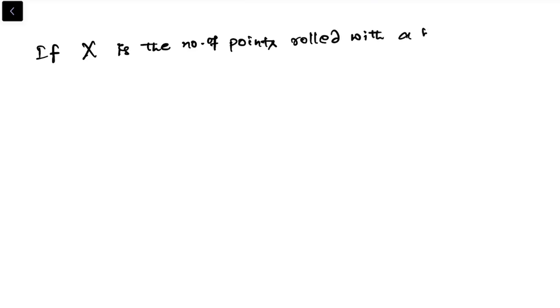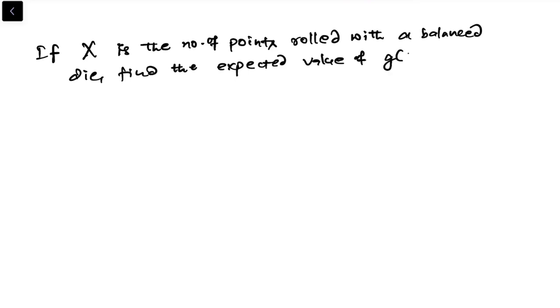So the question is, if x is the number of points rolled with a balanced die, find the expected value of this function 2x square plus 1.